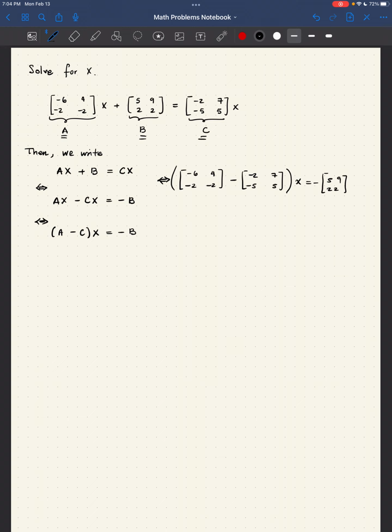Of course, I now can transform this into something that is equivalent, that looks like this, by performing the actual operations of subtraction and scalar multiplication here.